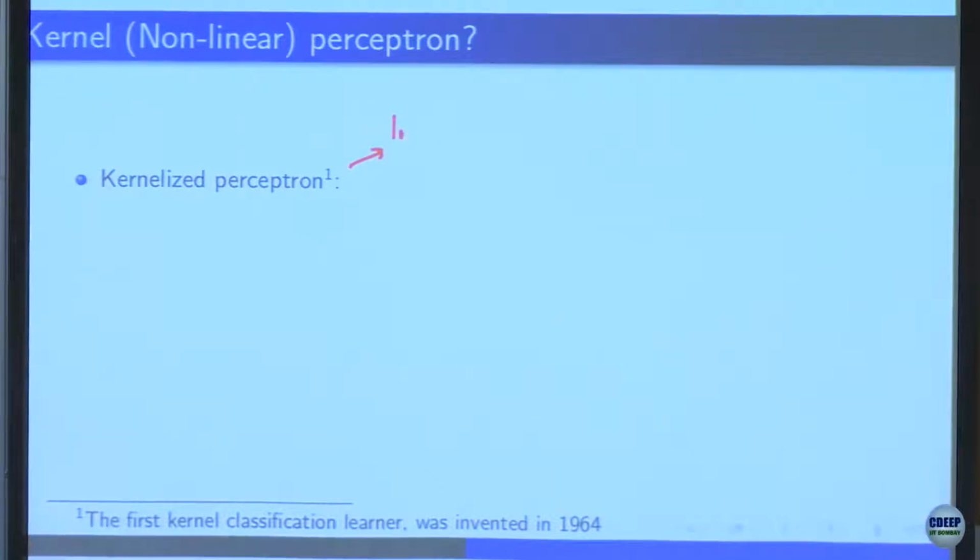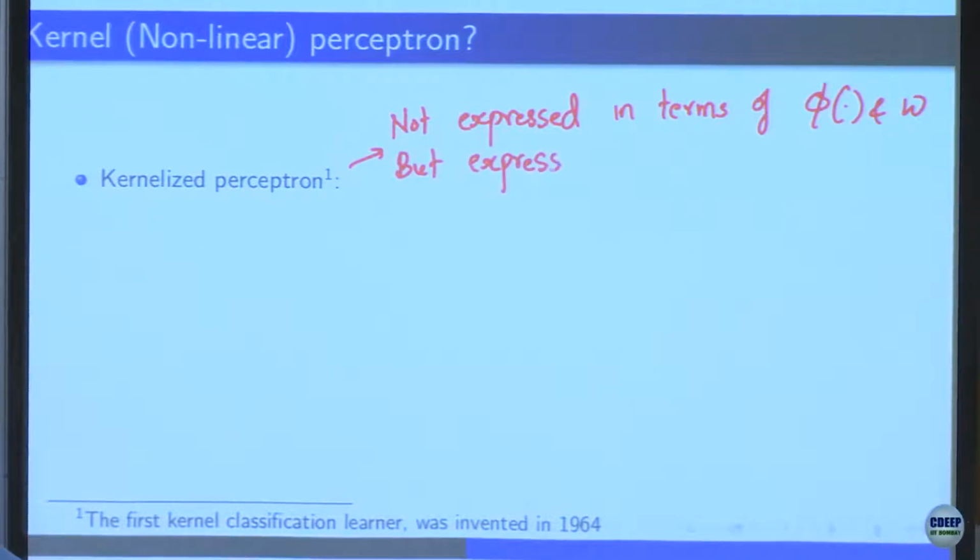But this should not be expressed in terms of phi and w, but expressed in terms of k, which has two arguments. What are the new parameters? Alphas. So please do that.